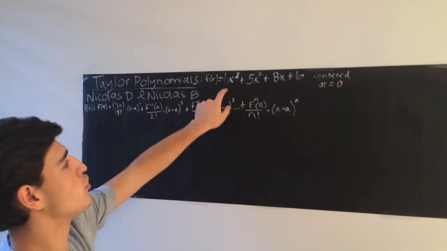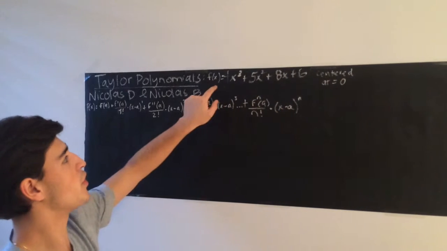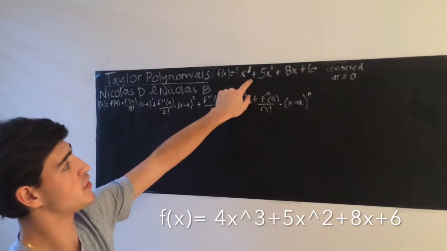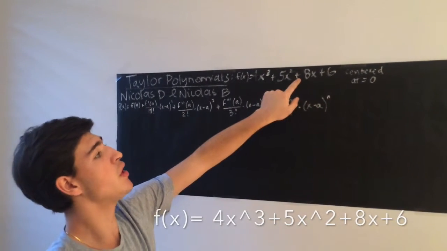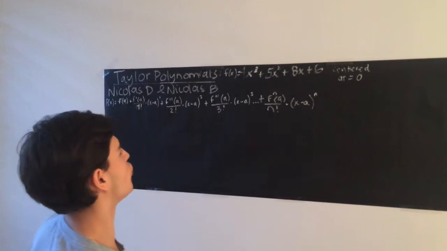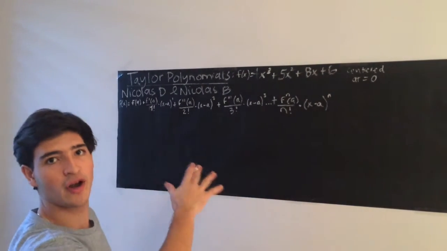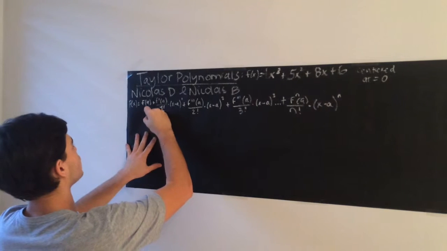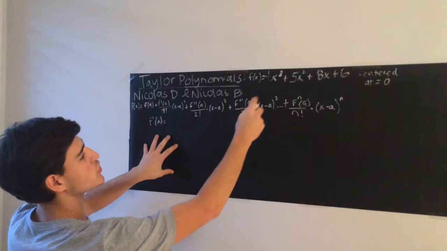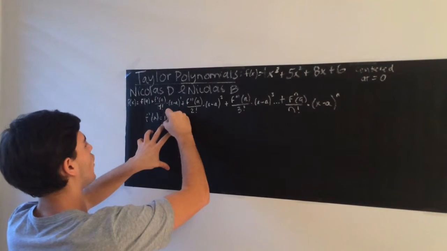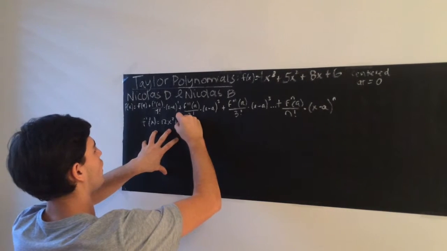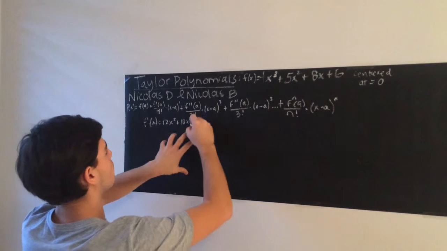Now we're going to start to solve our equation. So basically our equation is f of x equals 4x to the power of 3 plus 5x to the second power plus 8x plus 6, and it's centered at 0. So first we're going to get the first, second, third, and fourth derivative. First derivative would be 12x to the second plus 10x plus 8.